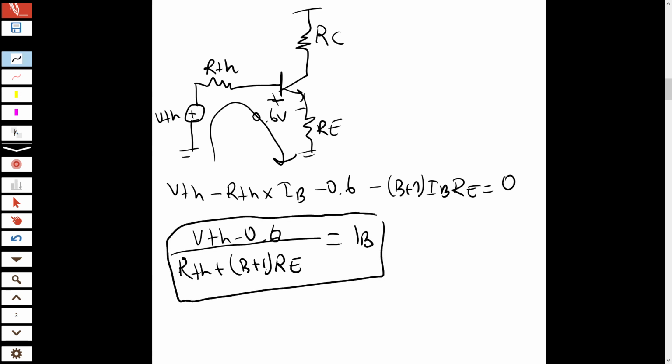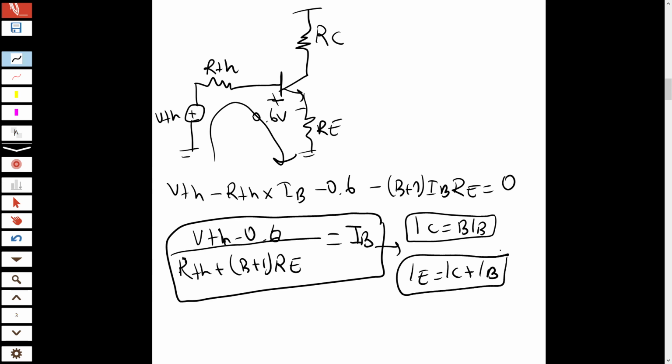Here I know VThevenin, here I know RThevenin, here I know RE, and here I know beta, so I can solve for IB. And then I can find collector current simply by this equation. And if I add collector current and base current, I will find the emitter current, and I am done. This is the DC analysis of the BJT common emitter amplifier.